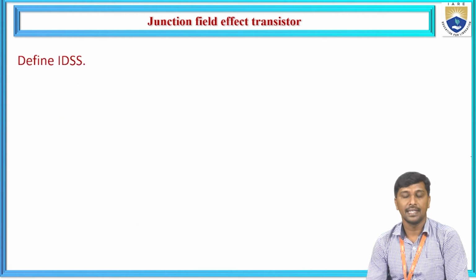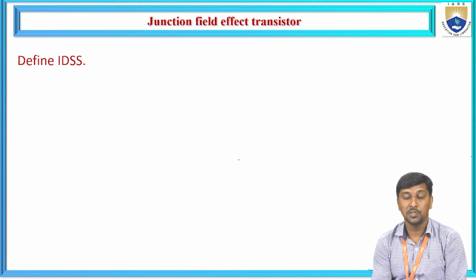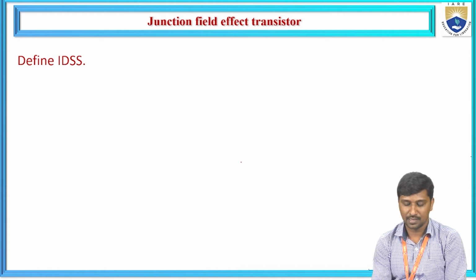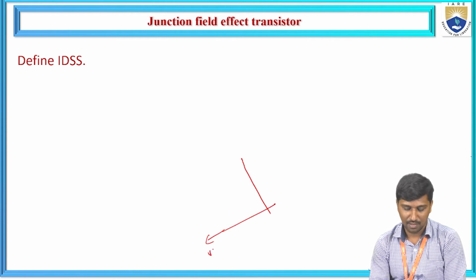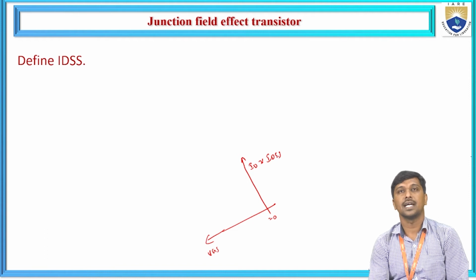Now define IDSS. Just now we observed that the point at which the drain current becomes maximum is called the saturation. From the transfer characteristics, when VGS is 0, the drain current is approximately equal to IDSS, the drain to source saturation current.